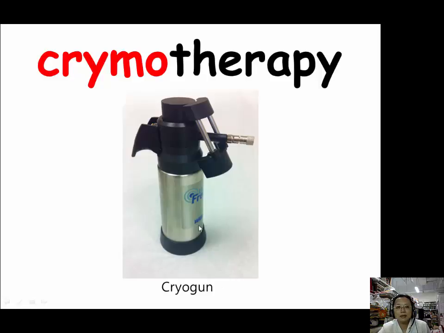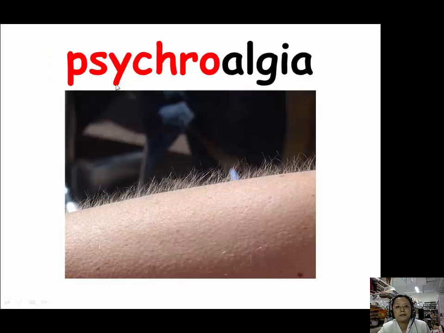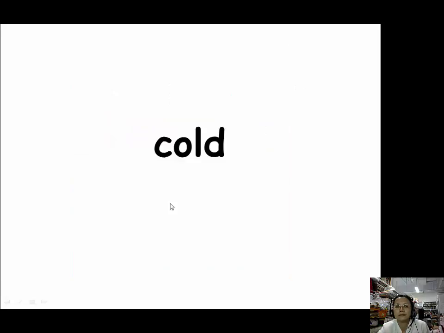A lot of the time they use this cryo gun to perform crymotherapy. And for the prefix psychro, our example is psychroalgia. Psychroalgia is a painful feeling of cold. It's so cold that it pains and it hurts.